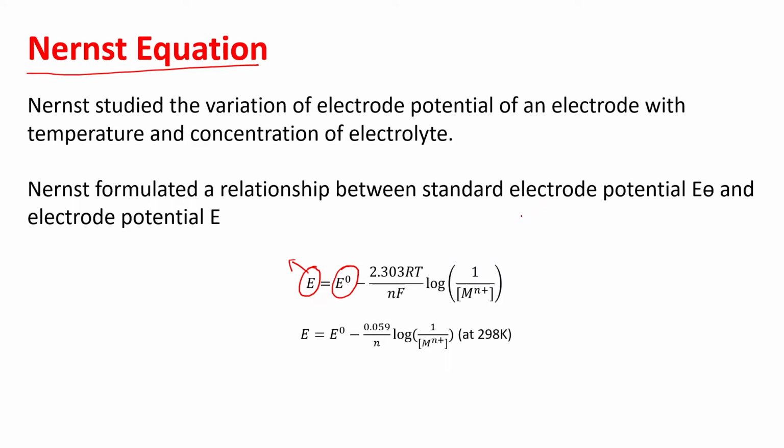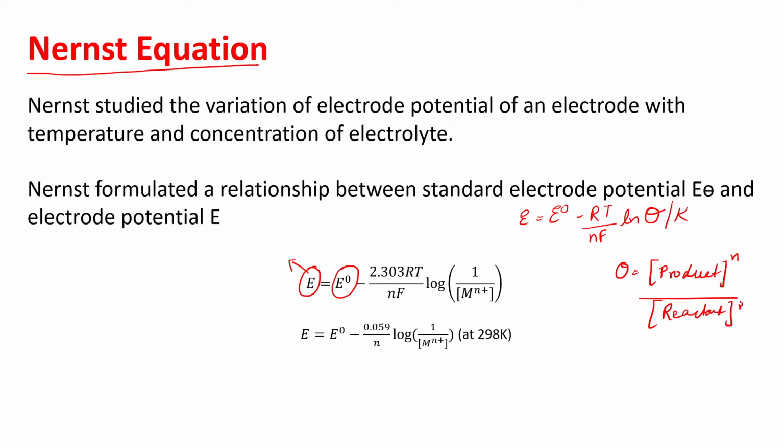So the actual form of the equation is E is equal to E naught minus RT by nF ln Q, or ln K, we can consider it as K. It is basically the product concentration raised to the power of the stoichiometry divided by the reactant concentration raised to the power of the stoichiometry.